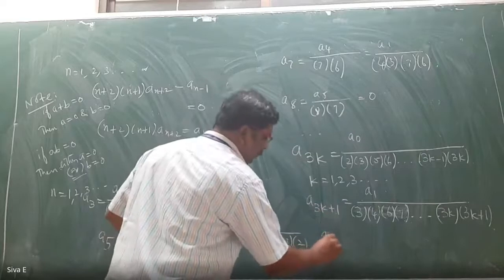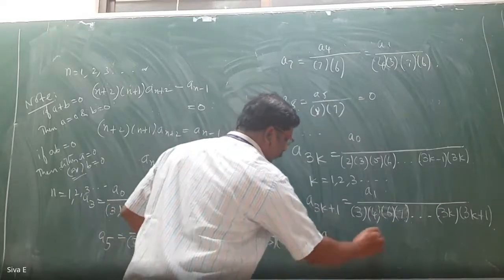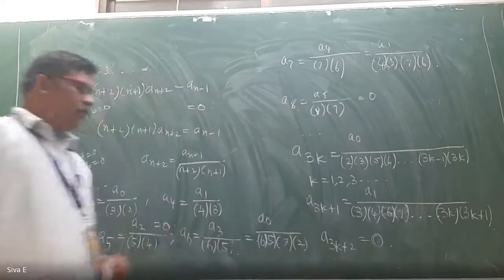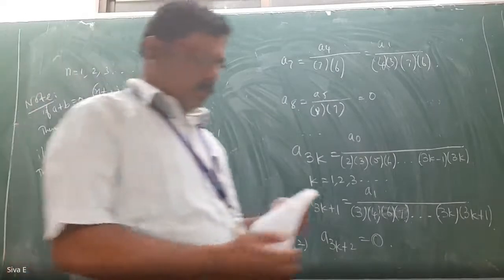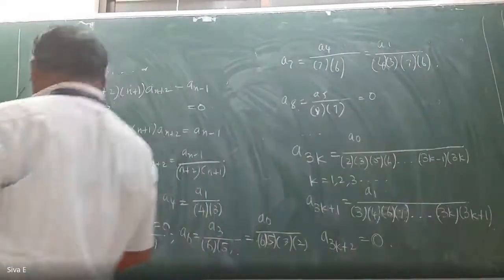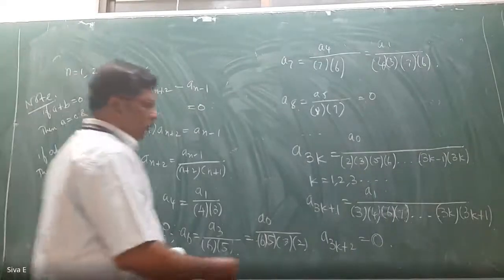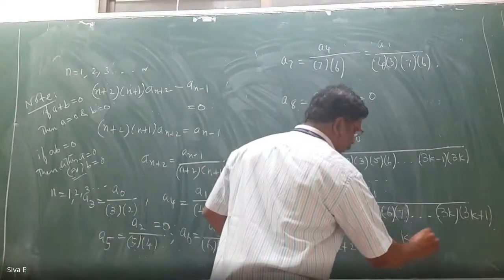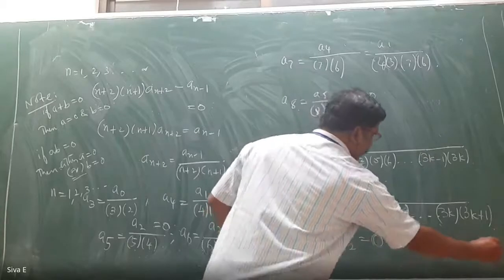And a3k plus 2 equal to 0, where k equal to 0, 1, 2, 3, etc.